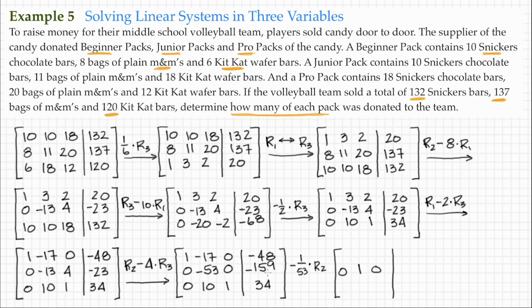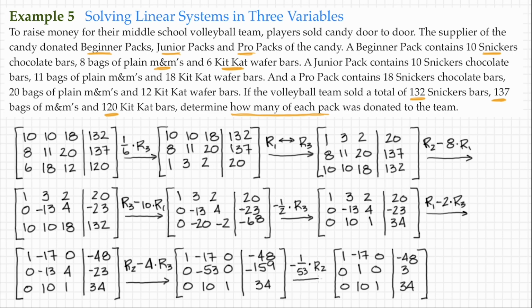Negative 159 times negative 1/53, that winds up being 3. Close off our matrix and bring over the rest of our values. 1, negative 17, 0, negative 48, 0, 10, 1, and 34.